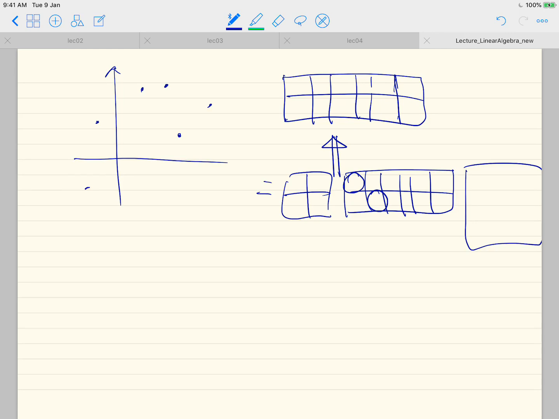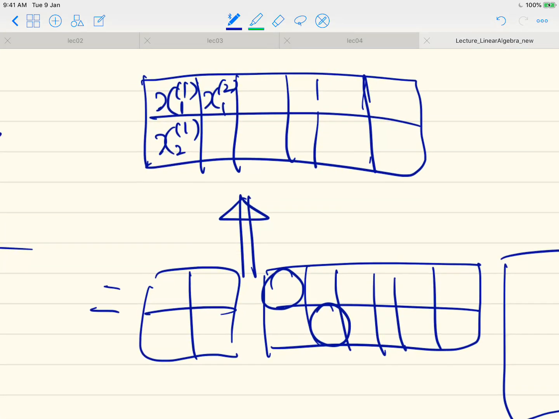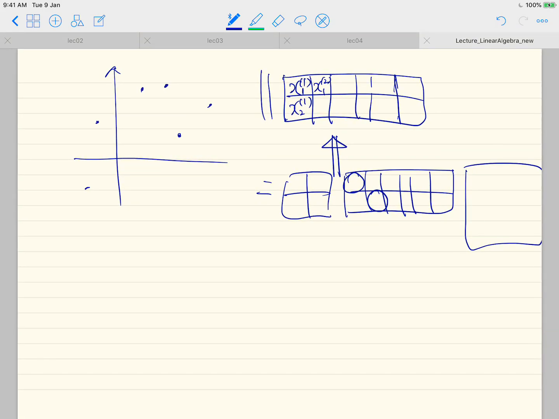The Frobenius norm can also be viewed from the perspective of this feature vector representation in the following manner. This one is the first data item's first feature and the second feature of the first data item, right? Then the second data item and the first feature, and so on. What is the Frobenius norm of this matrix? It is simply the square sum of all these values, right?